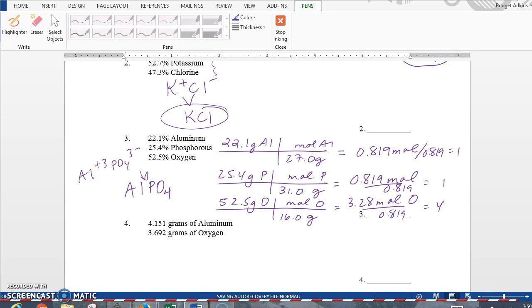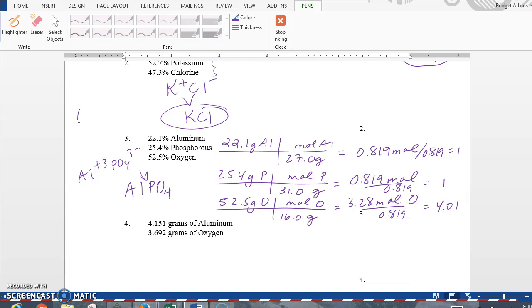Okay, so the general rule that we use for whether or not you can round this, because when you calculate this, it may come out to be like 4.01. Well, is that okay to round to a whole number? The rule that I use is if you're within 0.05 of a whole number, then you're welcome to round it.